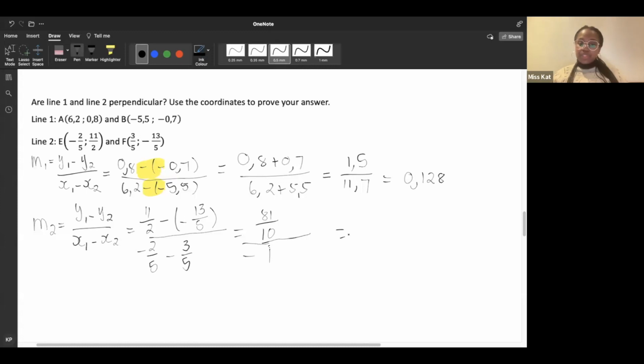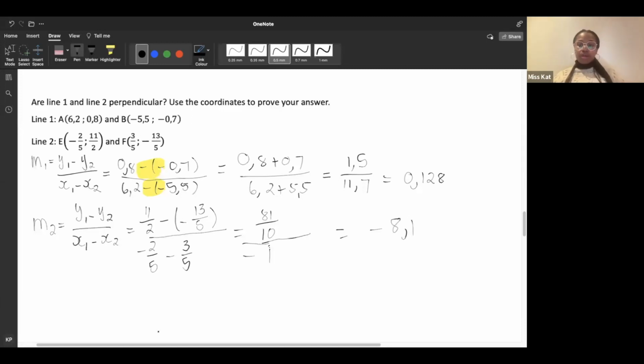There we go. Okay, and let's simplify. To simplify the top one into a decimal, divided by 1, you can just say 81 over 10 is going to be negative 8.1.